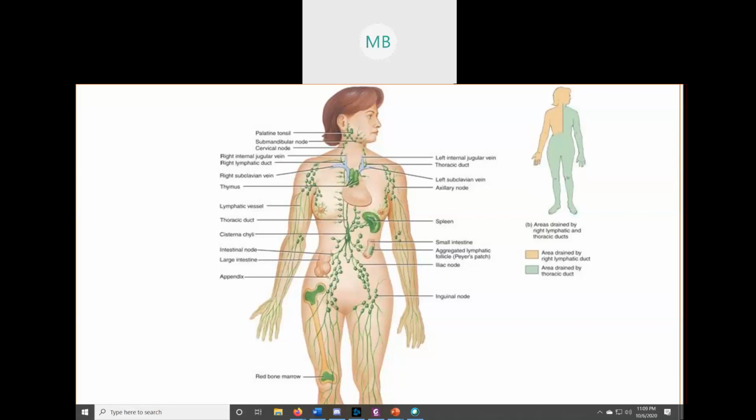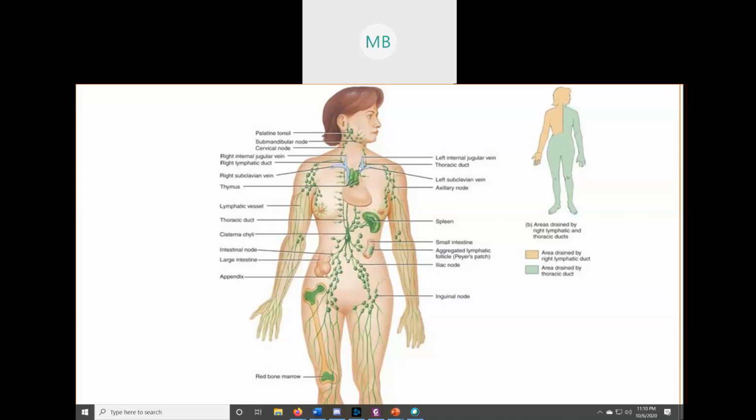The 2 major ducts that you need to know: you have the right lymphatic duct that handles everything from your head and your right arm to dump back into your veins here. And then the thoracic duct, which is the other large one that is on the left side that just dumps back into your veins.